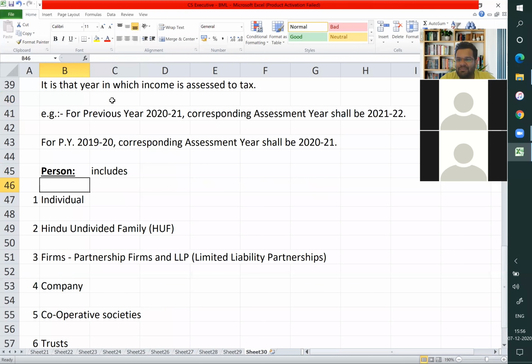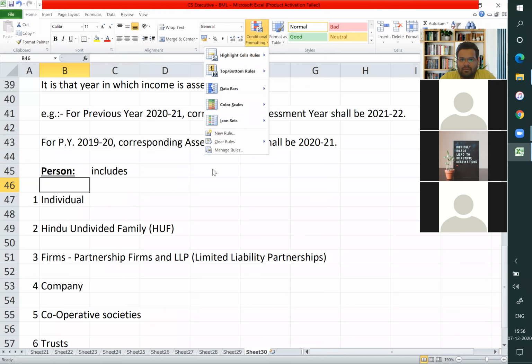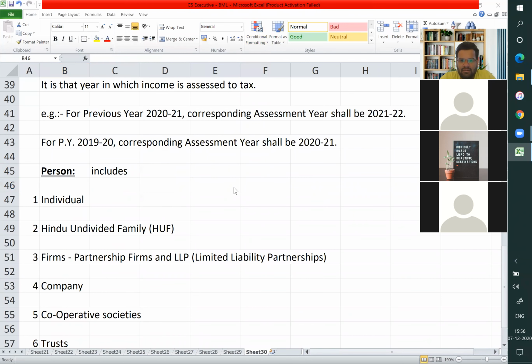So quickly tell me what four definitions you have understood today. Person, assessee, previous year, assessment year.